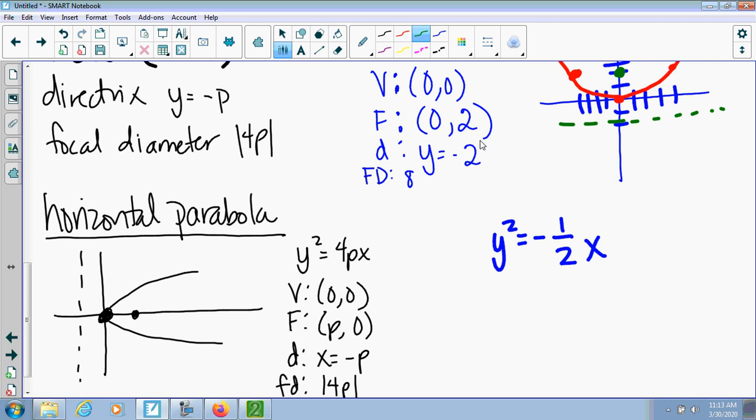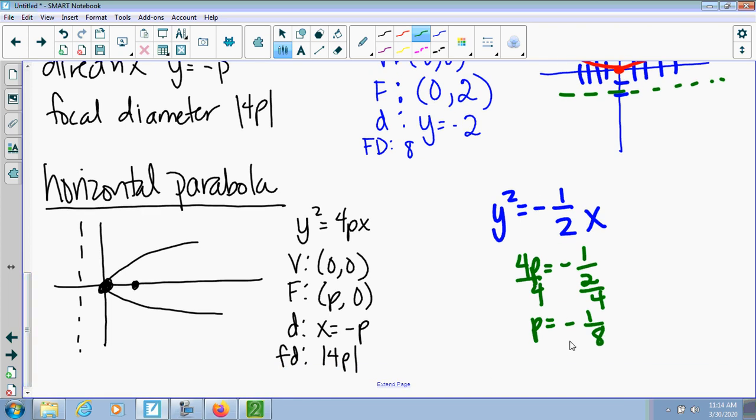So I need to figure out what my p is really quickly. So 4p is equal to negative 1/2. So if I'm trying to get p by itself, I'll divide by 4. So p equals negative 1/8. So negative 1/2 divided by 4 is negative 1/8.